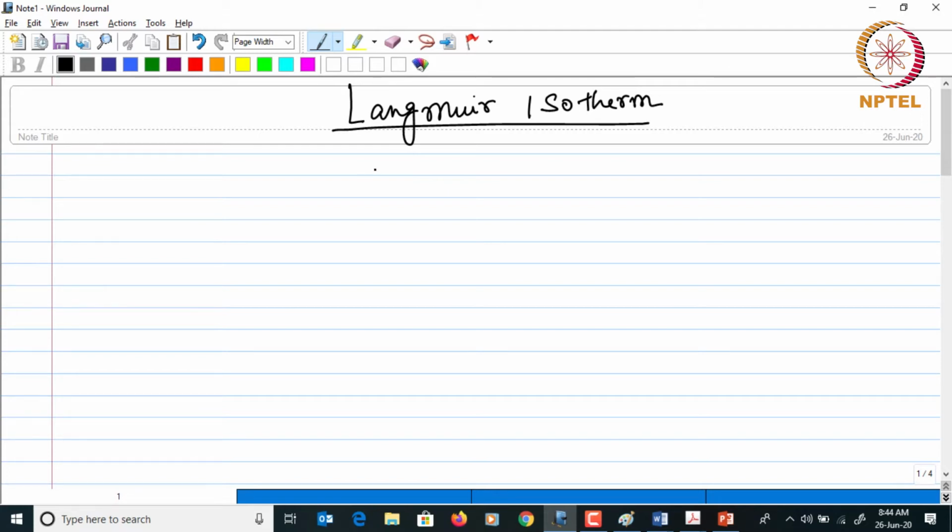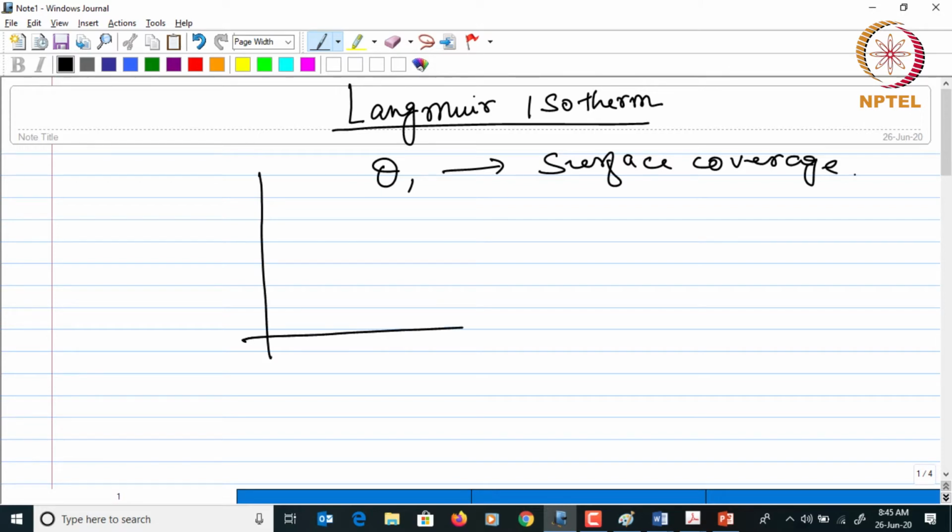And the surface coverage was defined by a parameter called theta, and then we derived the isotherm and saw that theta increases with P, and then ultimately it saturates when theta becomes equal to 1.